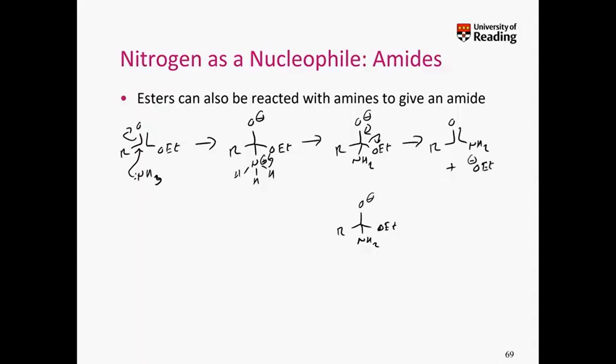O-ethyl minus. If we go the other way, which is effectively reversing what we did before, so doing the reverse reaction, reform the carbon-oxygen double bond and lose the nitrogen, we're going to end up with the ester that we started with, and we're going to have this NH2 minus.